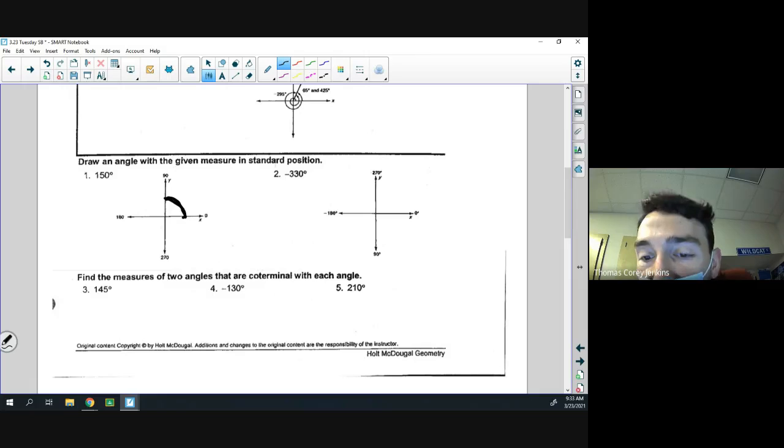And then the rest of the way to the next one would be 180. So I'm going to go a little bit over halfway between 90 and 180, so say right there. That's obviously not going to be exact, but pretty close to a 150 degree angle.